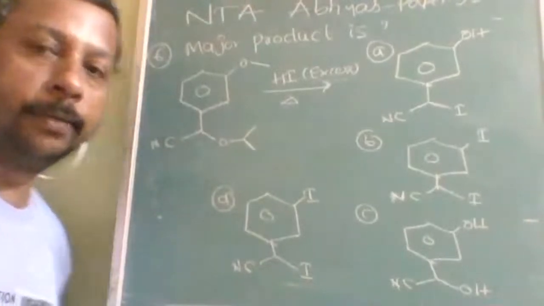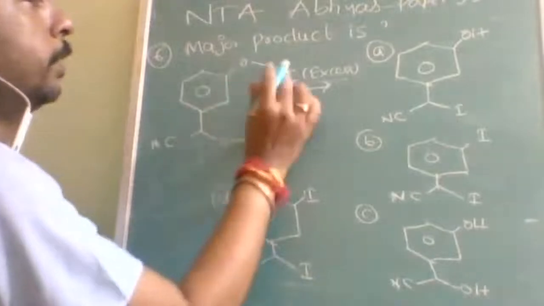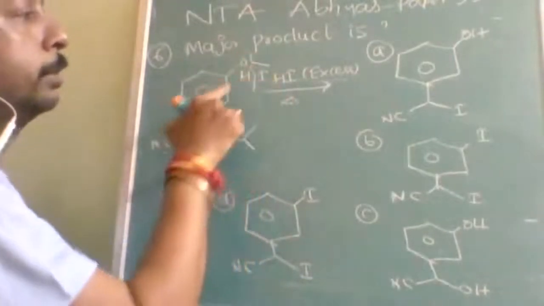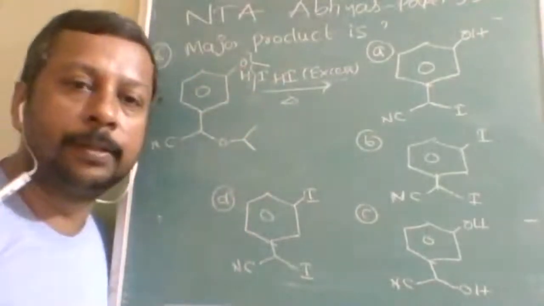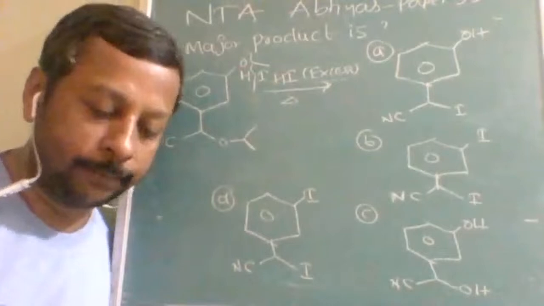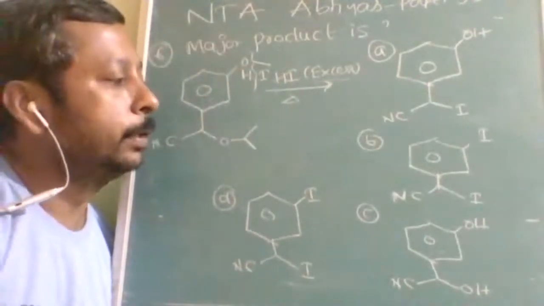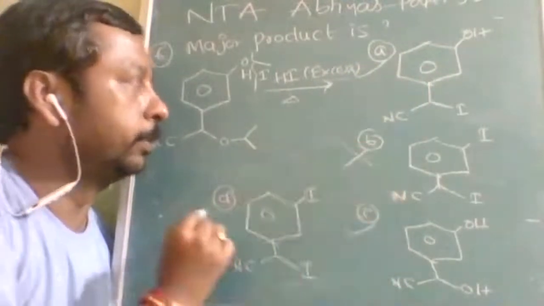See how to identify what the product is. If H and iodine approach here, this is the best way, because phenol is the major product. Phenol is the most stable because of its aromatic nature. So this is possible, and the other is never possible.